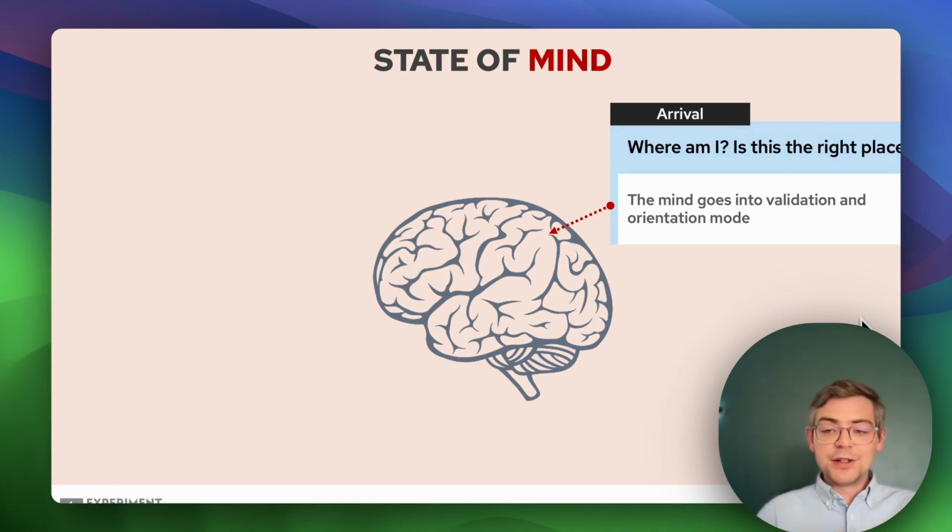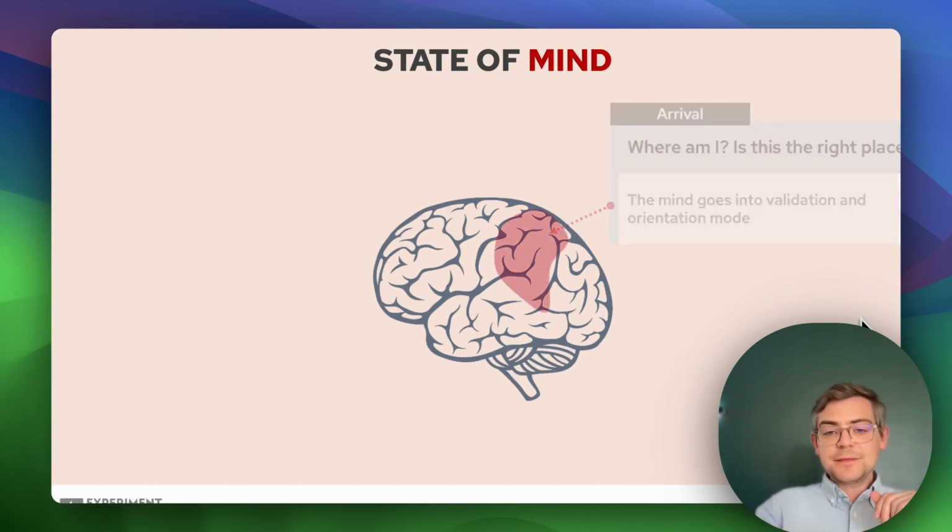Either you did a Google search or you clicked on an ad, because you had an offer, a promise to have something, you click on it, and you land on a page, either a home page or product page or list page. Your brain will have to understand, okay, am I at the right place? Is it the right place? So your mind goes into the validation, into the orientation mode.